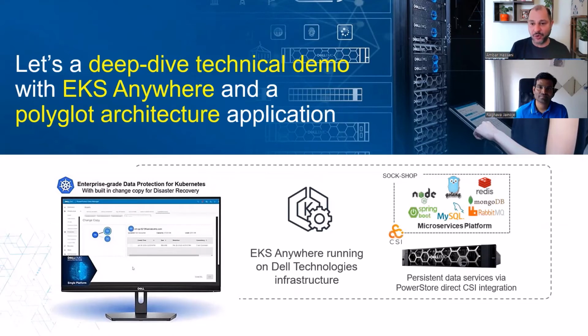We have support for EKS, GKE, OpenShift, Rancher, and including EKS Anywhere. So in this particular blog and article, we will be exploring the use cases around EKS Anywhere, wherein we will do a conjunction of EKS Anywhere and PowerProtect Data Manager to protect what's running on top of EKS Anywhere as a workload.